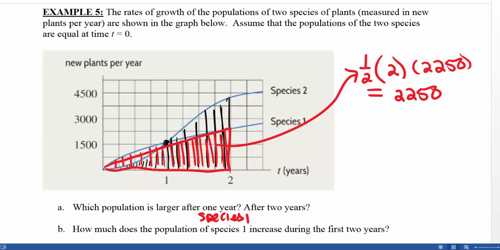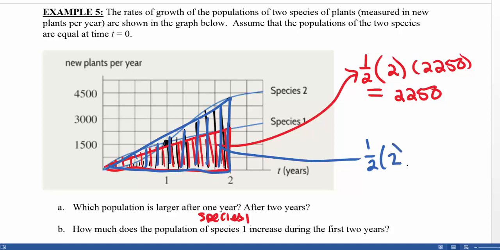And then for species 2, I'm going to do something similar where I'm going to approximate this using a triangle. So here, the area under this curve, we're going to do 1/2 base. Now my height is quite a bit higher than it was for our first species, so I'm going to approximate that to be approximately 3,900.